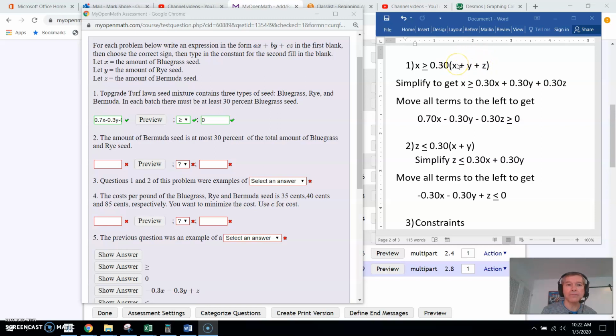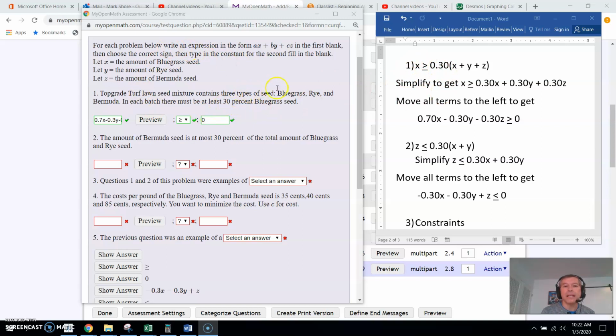The x stands for the amount of bluegrass, the y is the rye, and the z is the amount of Bermuda. So when you add that up, you get the entire bag, and 30% of that entire bag is what has to be just the x part, the bluegrass. And in fact, the bluegrass has to be at least that much.